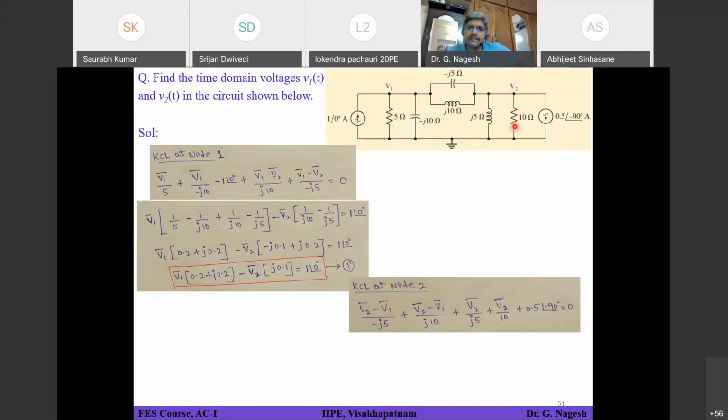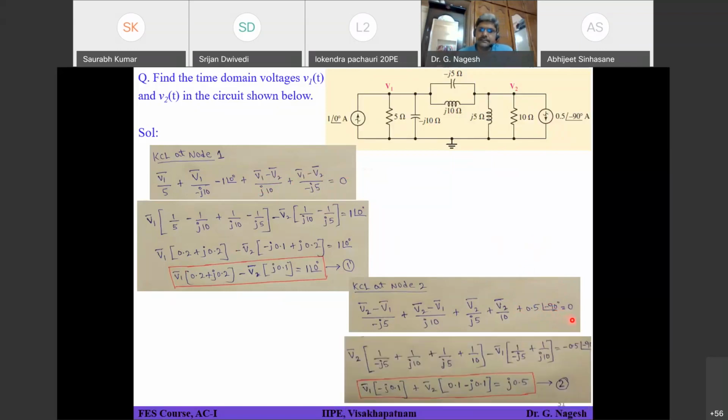V2 divided by 10 ohms, that is your fourth term. And the fifth term, since current is leaving this node, will be as it is, plus 0.5 at an angle of minus 90. Now you have to segregate the V1 and V2 terms separately, and take this one onto the other side. If you do that, you get something like this. Try to write that and check whether you are getting the same equation or not.